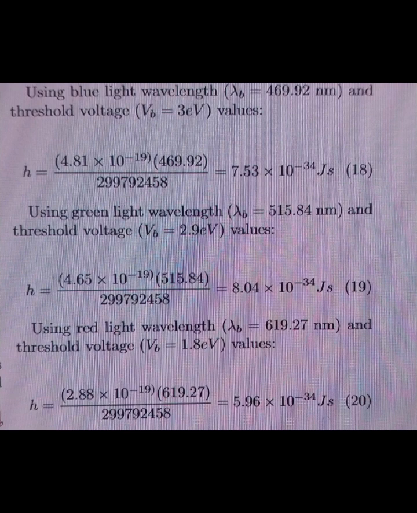With using green light's values, we calculated Planck constant as 8.04 times 10 to the power of minus 34 joule seconds with an error of 21.3%. And using red light's values, we calculated Planck constant as 5.96 times 10 to the power of minus 34 joule seconds with an error of 10.1%.